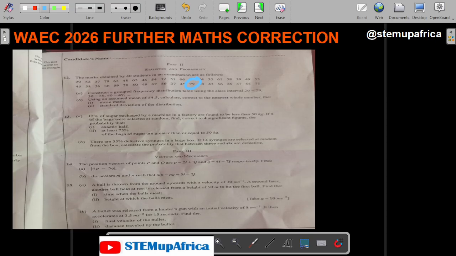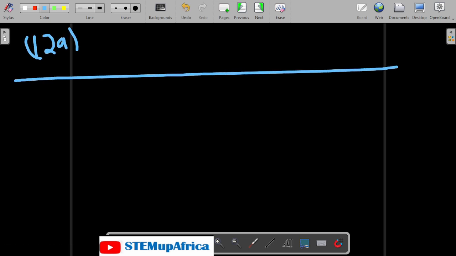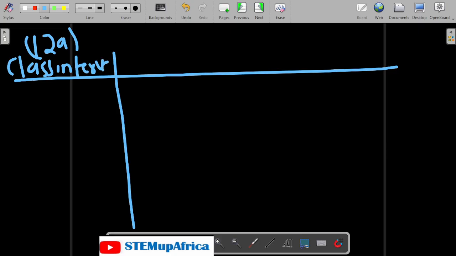So I'm going to draw a frequency distribution table, which is question 12a. Let's do this. This is our class interval.